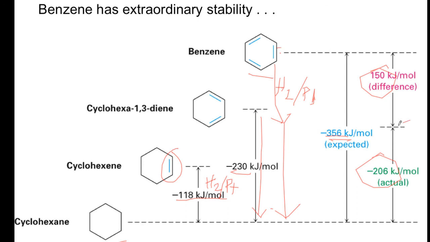In fact, it is way down here in energy. It's actually more stable than cyclohexadiene with 2 pi bonds. This extraordinary stability means that benzene behaves differently in chemical ways, and that's why benzene has its own functional category.